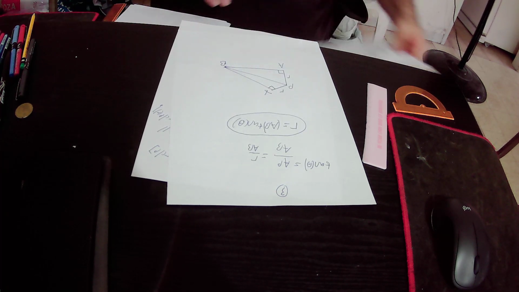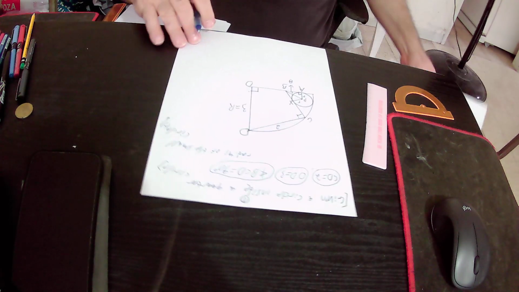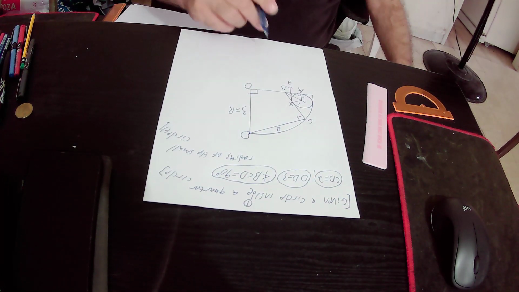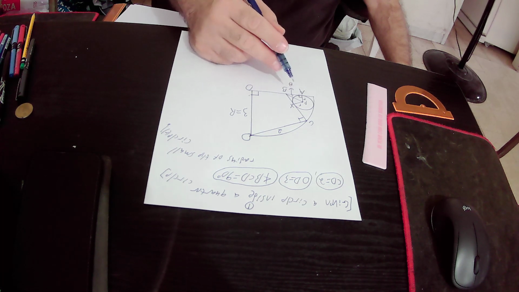So actually, according to the two tangents theorem, if you draw from an external point, that is to say from, in this example, point B, two tangents to the circle, then the lengths of those two tangents are equal.